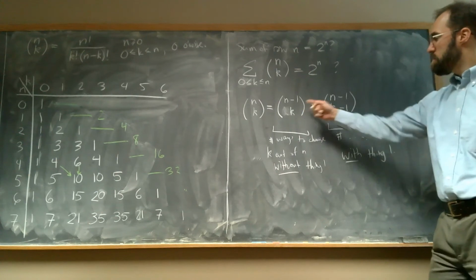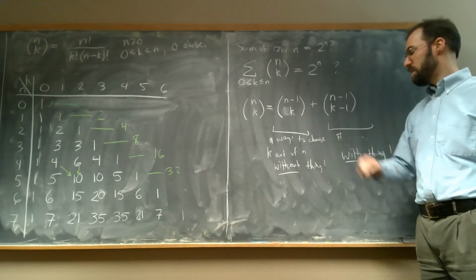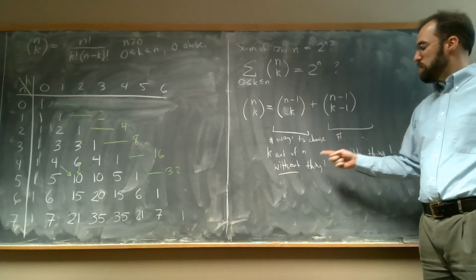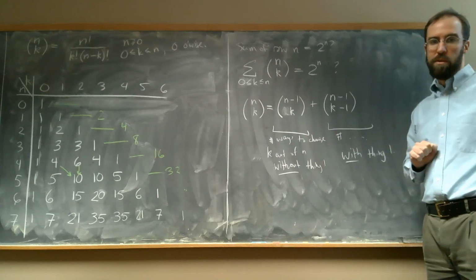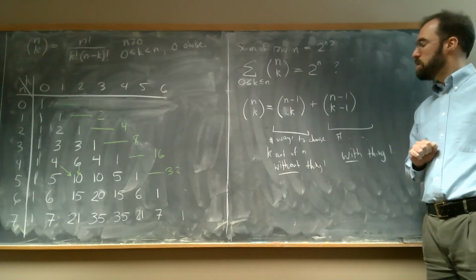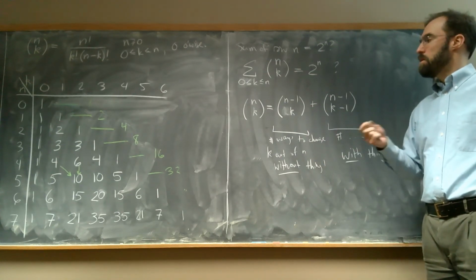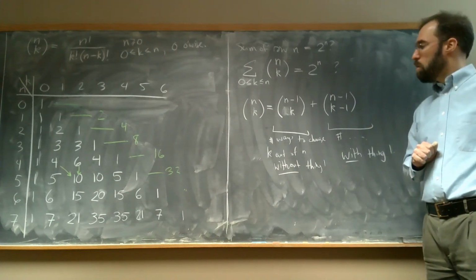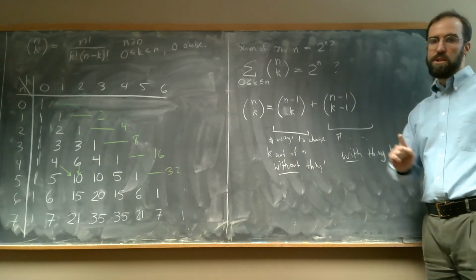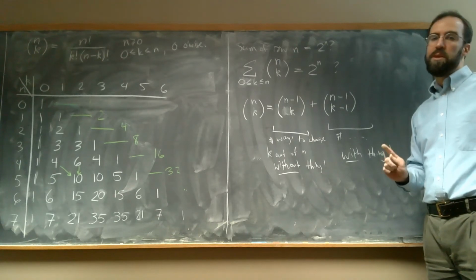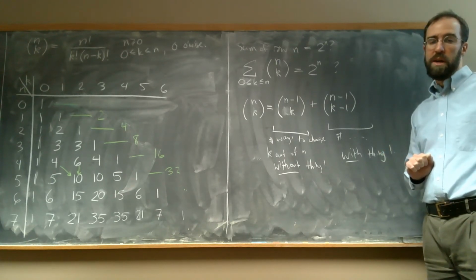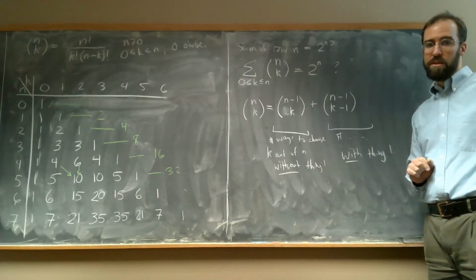Why are these the right expressions to count this? First, let's say that I don't choose thing 1. How many ways do I have to choose k out of n things where I do not choose that first thing? Since I didn't choose that first thing, I'm left with only n minus 1 things to choose from, and I still have to choose k things.